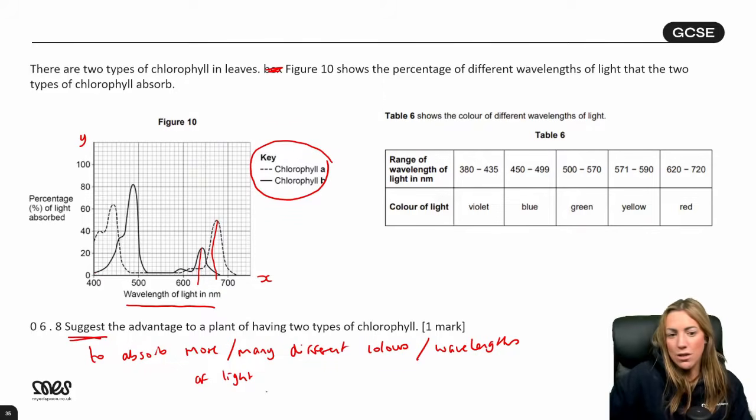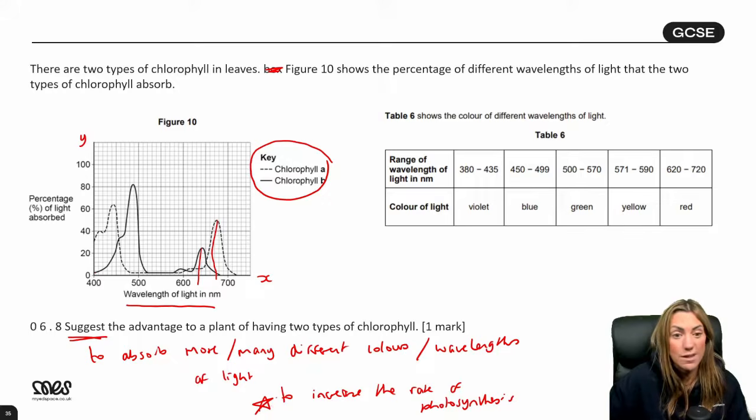Now, they did also allow, which is a lot easier to get the mark, that it helps to increase the rate of photosynthesis. You could have literally just said that and you could have still got the mark, okay? Because the more light they can absorb, the more energy they have for photosynthesis, the more glucose and oxygen they will produce. And in this practical, the more oxygen they produce, the faster they will float to the surface.